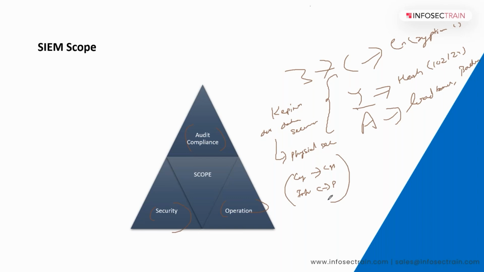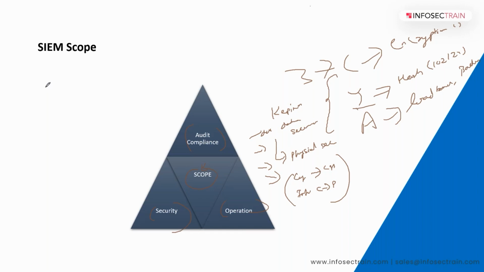Now, what do we have to do when we are deriving the scope of a SIEM? We want to monitor all the activities, whether we have a physical device or a digital deployment. I want real-time monitoring and real-time analysis of the logs, so we can easily identify suspicious activity, security events, or IOCs as well.